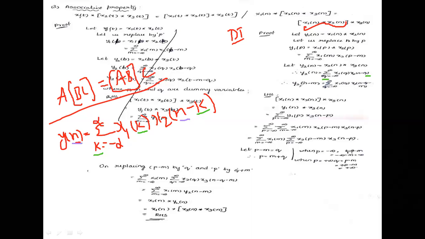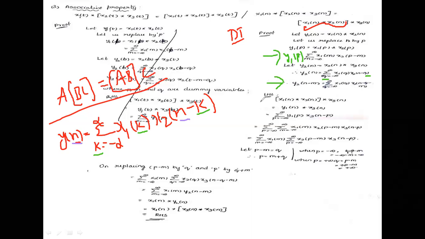Now y2, I'm subtracting the m from the n, y2 of n minus m. The sum of q equal to minus infinity to infinity x1 of q, x2 of n minus q minus m. Put those two functions, y1 of p as one function and the y2 of n minus m.